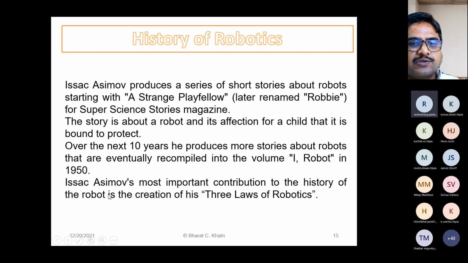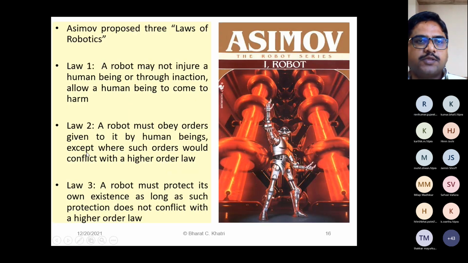And Asimov also gave the three laws of robotics, used for the robotics terminology. Here are the three robotics laws. The first law: a robot may not injure a human being or, through inaction, allow a human being to come to harm.